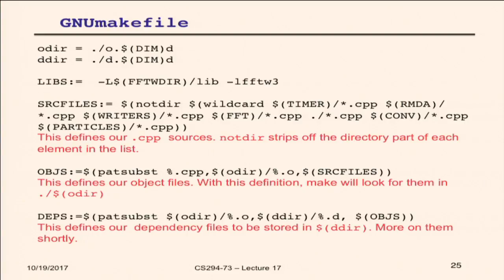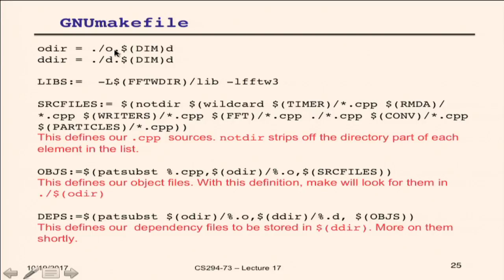All right, let's keep moving on here. I've defined a couple of variables here. One is ODIR and the other is DDIR. This is the string that defines the directory that I'm going to be putting the .o files and the .d files in.